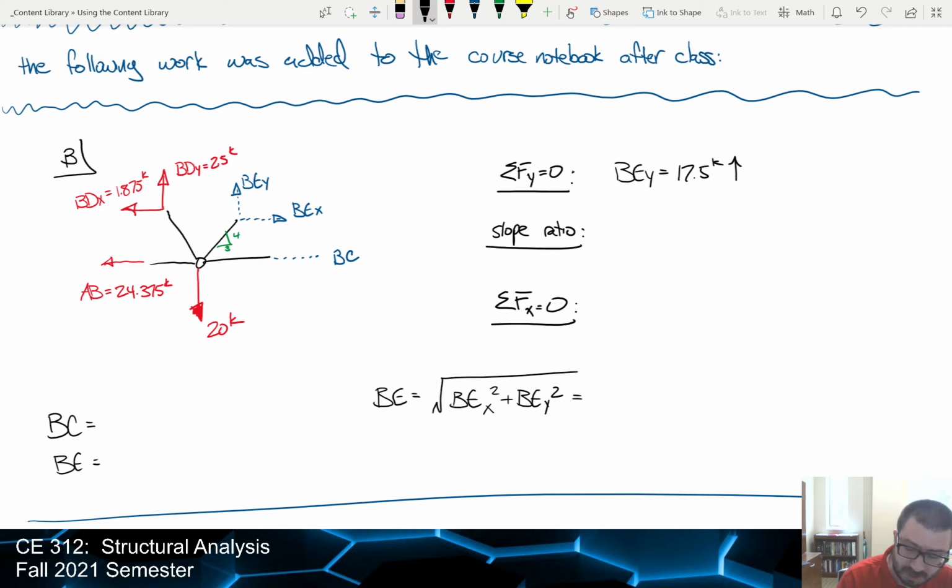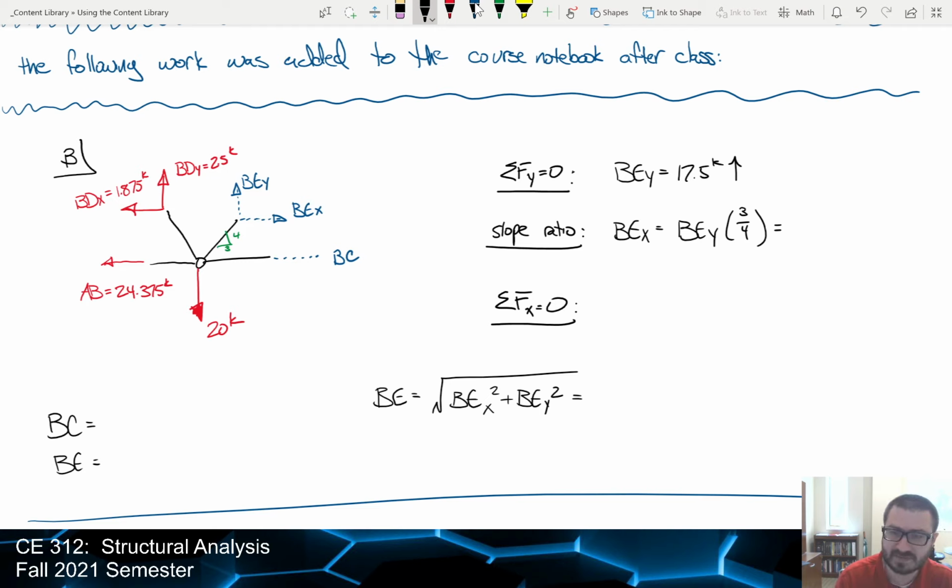In terms of the slope ratio, BEX is going to be BEY times a fraction. And the question is, is the fraction 3/4 or is it 4/3? The answer is 3/4 because I'm solving for the horizontal component. The 3 is associated with the horizontal, so it's 3/4.